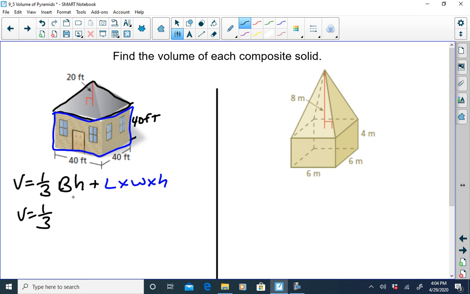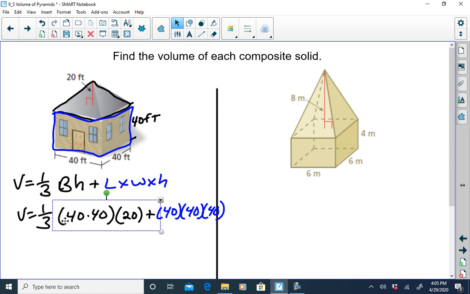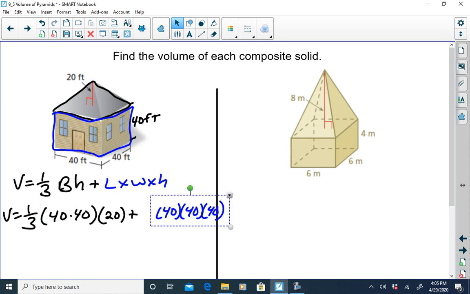My base area is going to be 40 by 40 times the height, which is going to be 20. Then we want to add to that, I'll do that in blue, 40 by 40 by 40. So we're finding the volume of each of the two figures, and we're going to add those two volumes together. Okay? Let me slide this over a bit, give that more room.